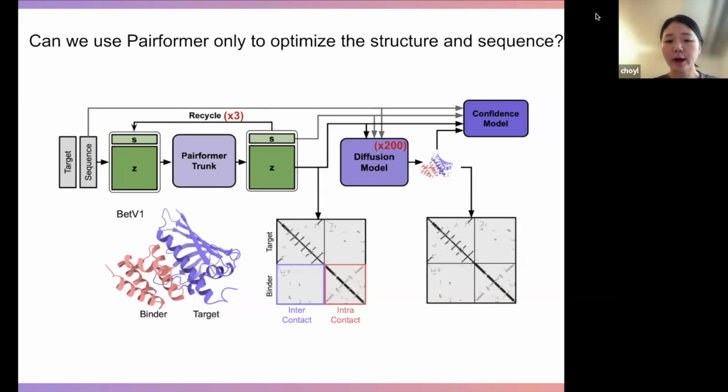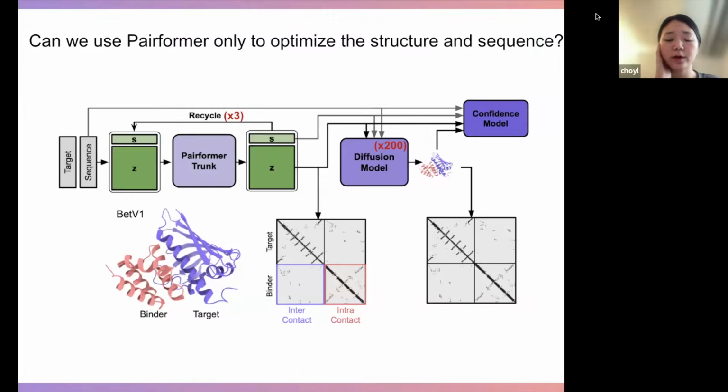But one thing we figured out is that when you make a contact map from the 3D all-atom structure, and when you make a contact map from the histogram, they look almost the same for very confident structure predictions. For example, we tested with the BAT-V1 target and generated a binder, and we got a contact map, and the other contact map from the diffusion model, and when we compared them, most of the inter contacts matched.